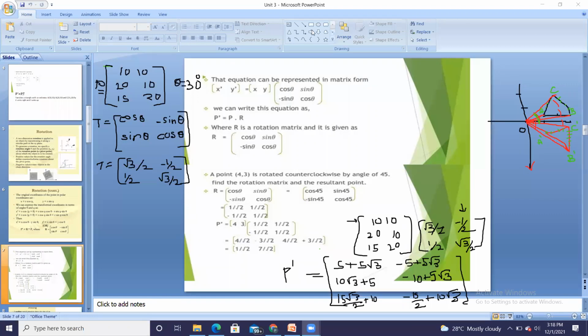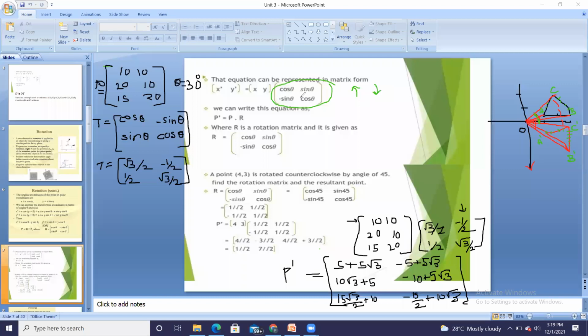So that is how the rotation is carried out in clockwise and anti-clockwise. So you have to remember this T matrix. Remember it for only anti-clockwise, minus sign is here. Then you will always remember that when we exchange these two values, it will be the T matrix for clockwise direction movement.